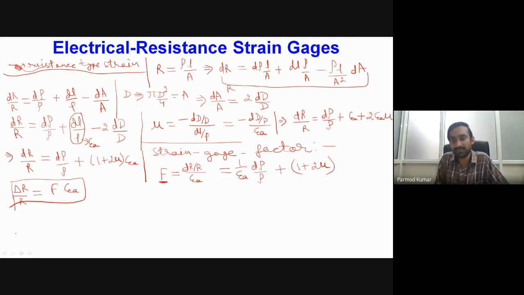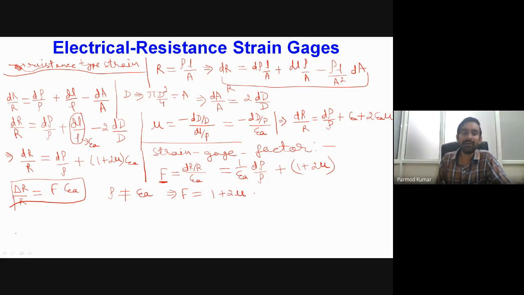Now, particularly, you can see over here, if I consider that for any particular wire material, the resistivity of that material is independent of the strain, so it means rho is not at all depending upon the value of the strain produced inside the wire. In that case, our value of the strain factor will become nothing but equal to 1 plus 2 mu.